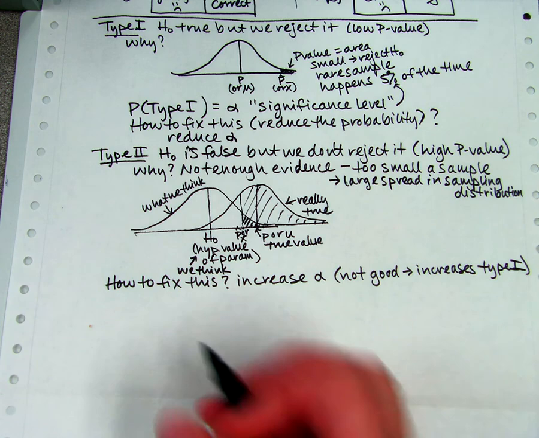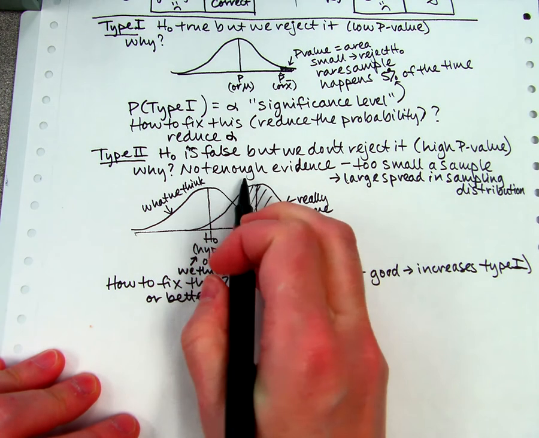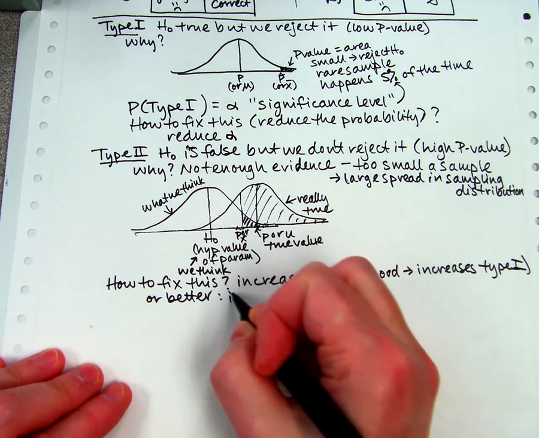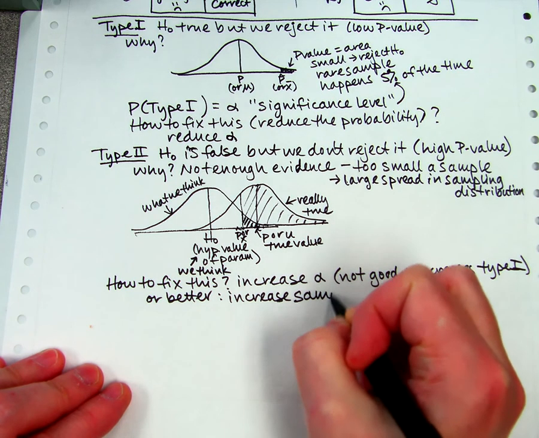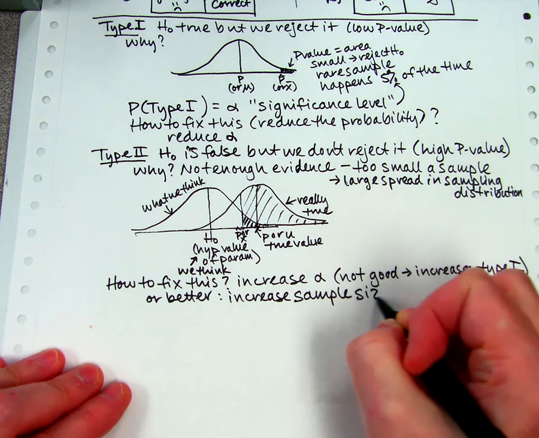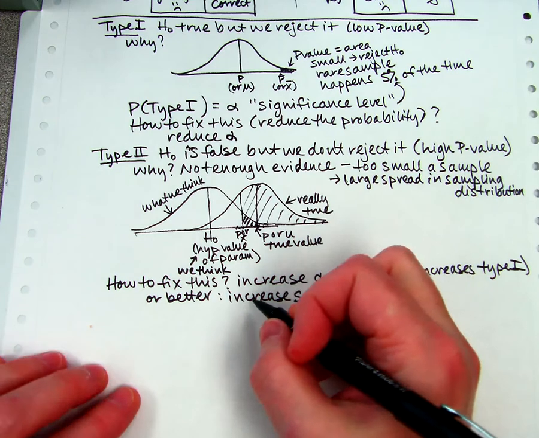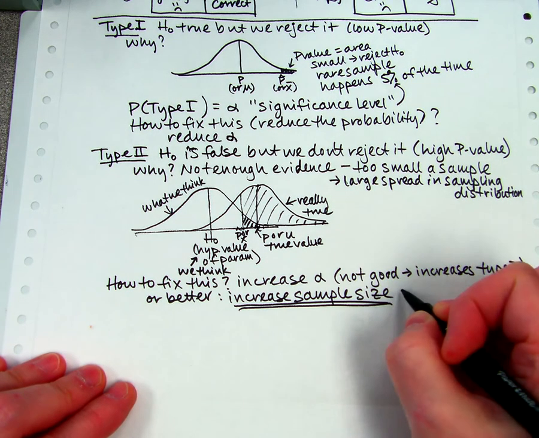But a better way is what I told you up above. Not enough evidence means we just need a larger sample. Increase the sample size. And that has the advantage of fixing this problem without making this problem worse. So increasing the sample size reduces the spread.